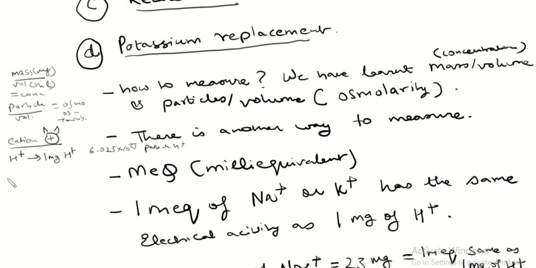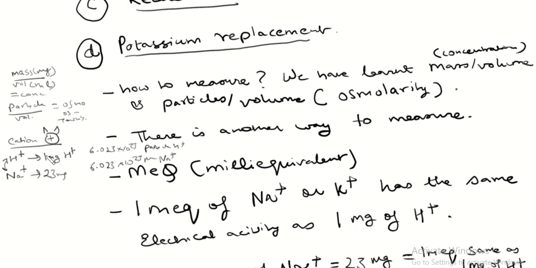Now, sodium has one charge there too. If its molecular weight is 23 milligrams, we're going to have 6.023 times 10 to the power 23 particles of sodium. And since sodium gives us one positive charge like the hydrogen ion does, both are the same in terms of their electrical activity.